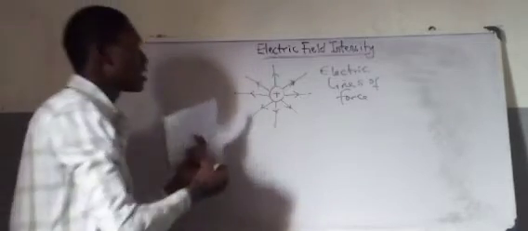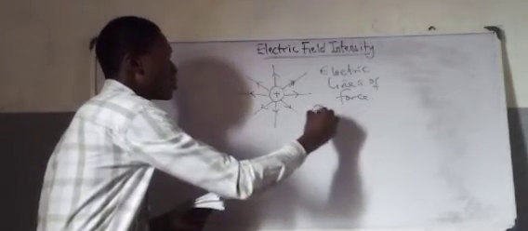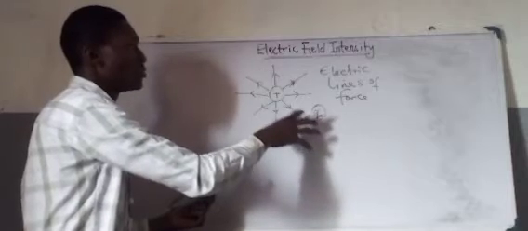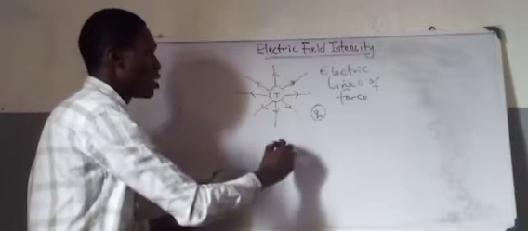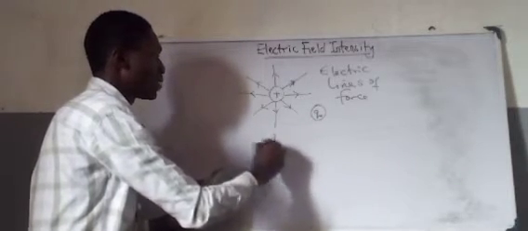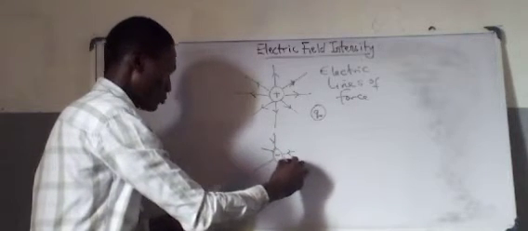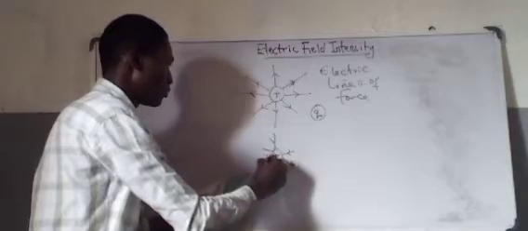So if we bring a test charge, for example, let's call this Q naught, into here, it will move in this direction. So for positive charges, the lines of force are moving outward, but for negative charges, the lines of force tend to move inward.